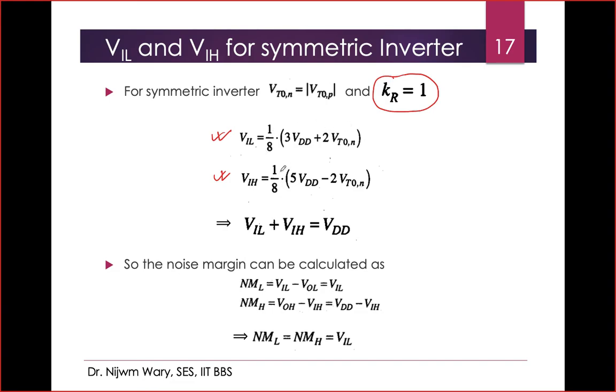So it's for a symmetric inverter. And finally we'll get a very nice conclusion here, that the summation of VIL and VIH is equal to VDD for the case of a symmetric inverter, right?